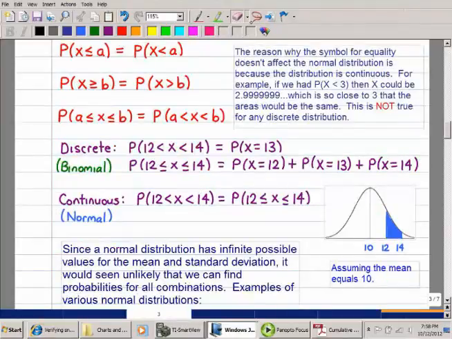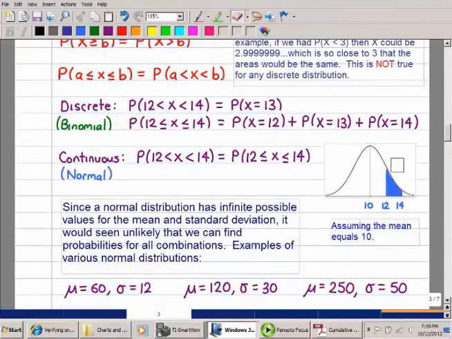For a discrete distribution, if you were between 12 and 14 without the equals, that would only be 13. I used a binomial as an example, but technically that could be any discrete distribution. 12 to 14 inclusive for a binomial would be 12, 13, and 14 added together. But in the normal distribution, between 12 and 14 with and without the equals is absolutely no difference.